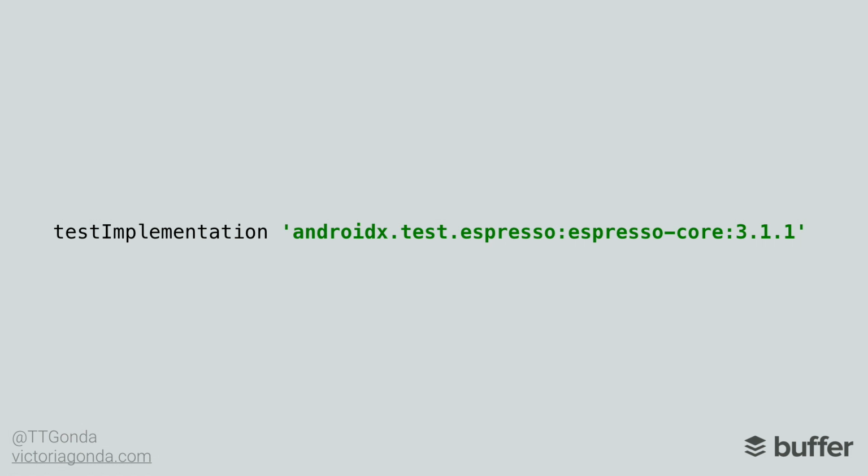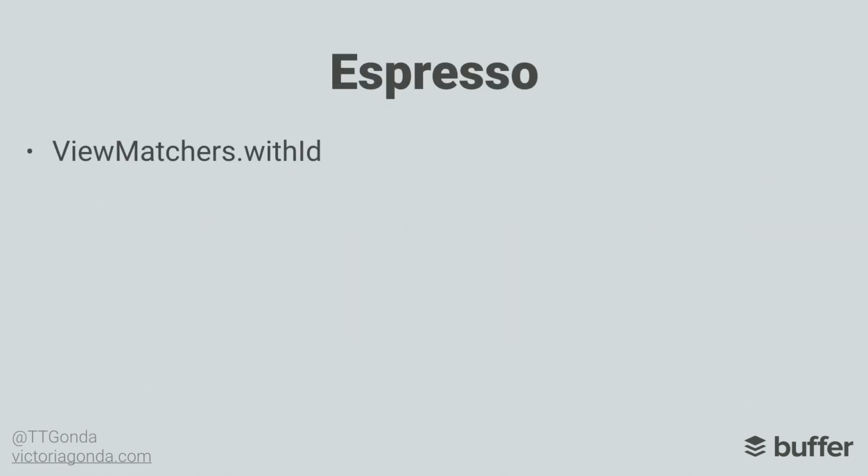To get started with the main parts of Espresso, you need to include the Espresso core dependency. Again, here I'm using test instrumentation instead of Android test instrumentation, so I can run these tests locally. If you're not familiar with Espresso, there are three main things to understand: view matchers, view actions, and view assertions.